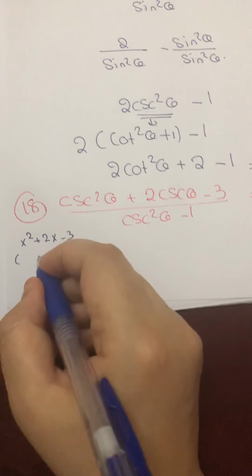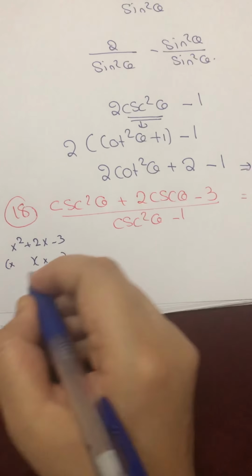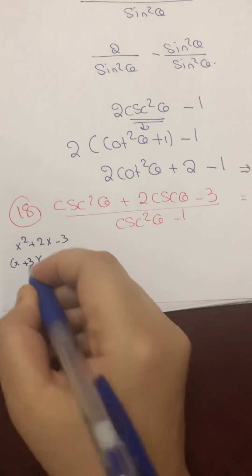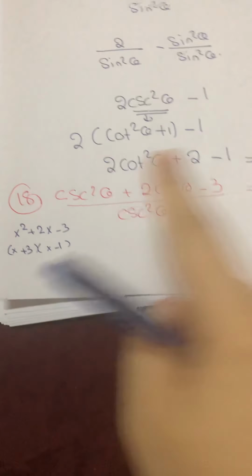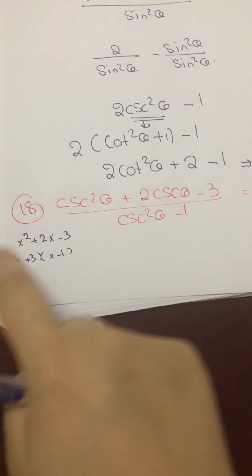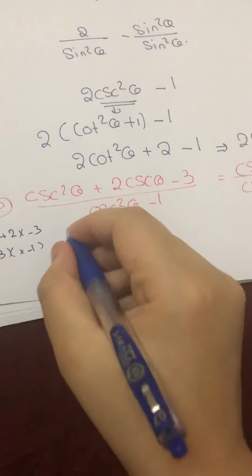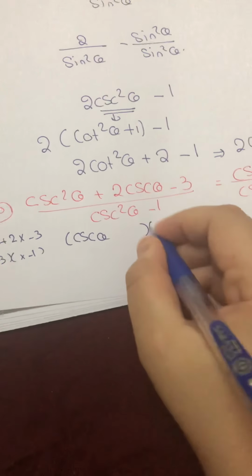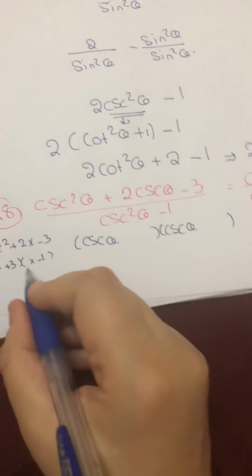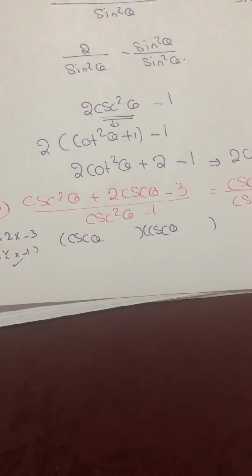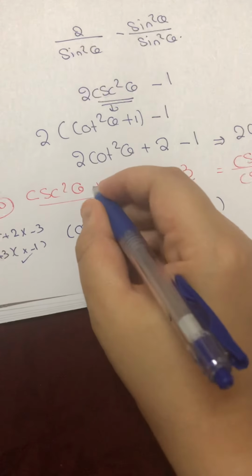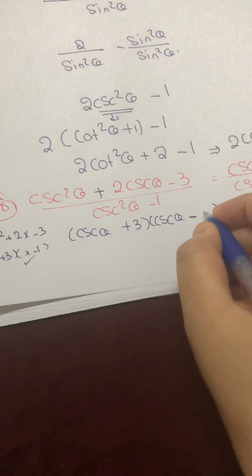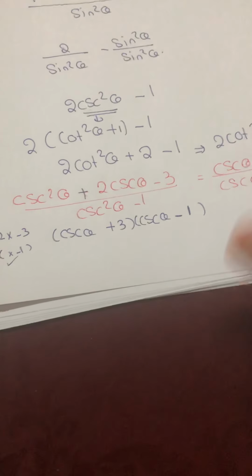When I factor this, I'm going to factor it into x and x and plus 3 and minus 1. Right, my x is cosec, not x, it's cosec. So I can write it as cosec theta and cosec theta instead of x and x. And the 3, I'm going to write plus 3 because the bigger one in the middle is positive, and minus 1. Any problem? No problem.